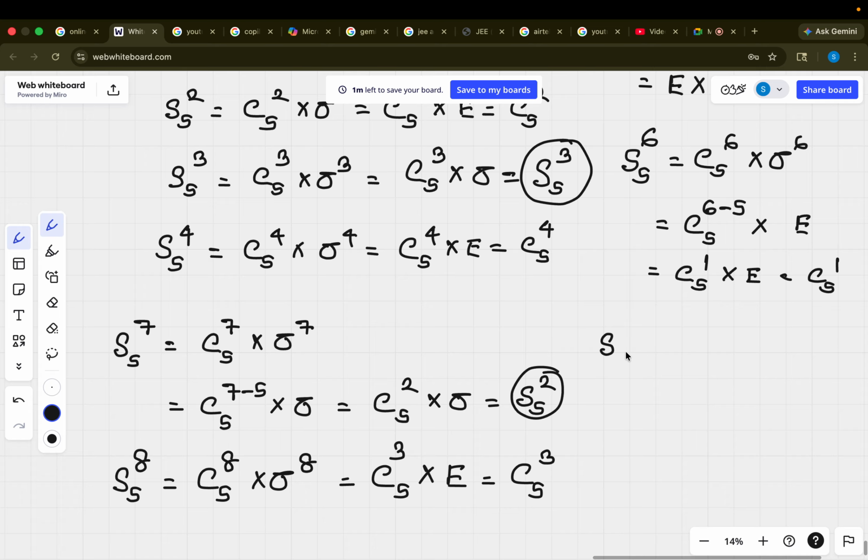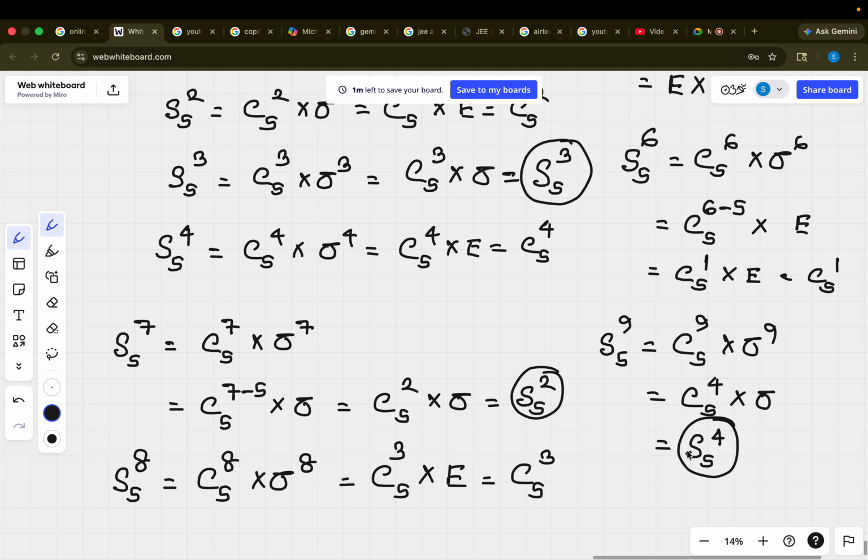Now suppose you have here S5 9. That will be equal to C5 9 into sigma to the power 9. Now this C5 9 is basically your C5 4, because 9 minus 5 is equal to 4, and sigma to the power odd is equal to sigma. So C5 4 into sigma will be equal to your S5 4.